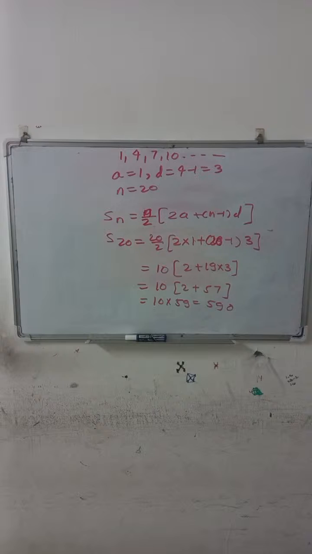I will explain one more time. The sum of the first 7 terms of an AP is 63, and that of the next 7 terms is 161. Find the AP. Okay.